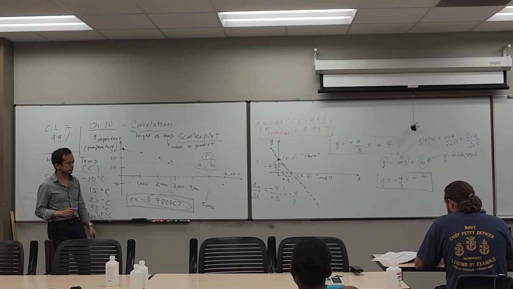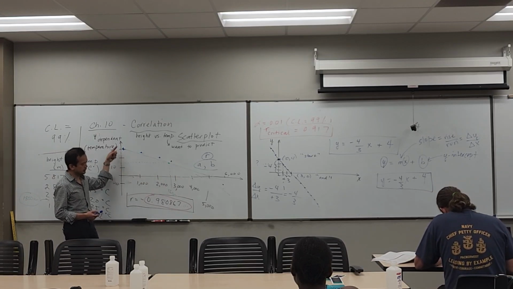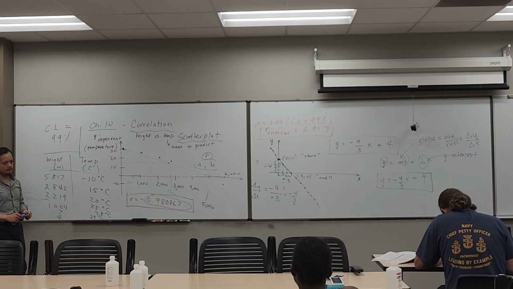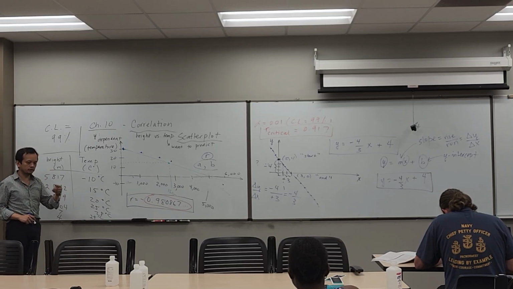I'm going to assume the slope is negative. Very good. You already know the slope has to be negative. If there's only one of those two numbers that's negative, then you know that one's the slope.